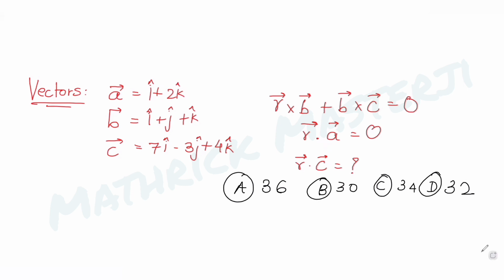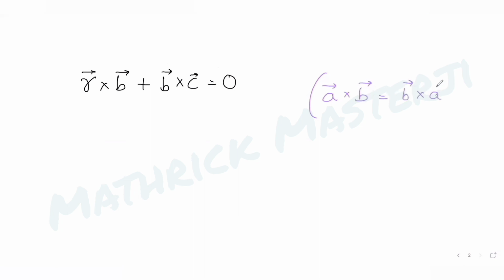First of all, using the data given, the cross product of R and B plus the cross product of B and C is equal to 0. We already know that whenever there is a cross product between two vectors, if you change the order of the vectors, it becomes negative.